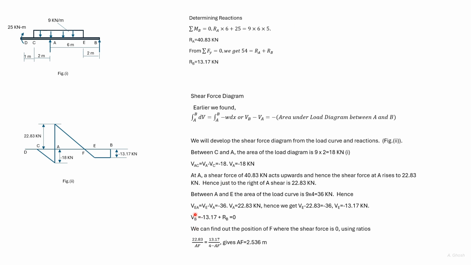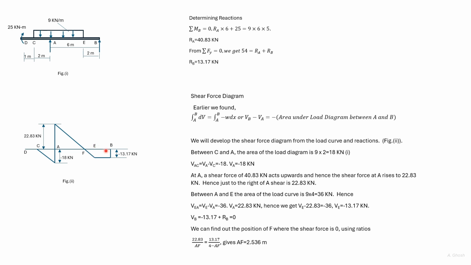Then VEA is equal to VE minus VA, which is equal to minus 36. Now, we earlier got VA as 22.83, which gives us VE as minus 13.17 kilonewton.